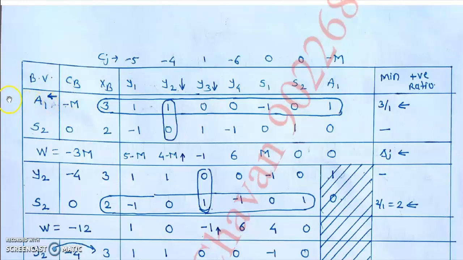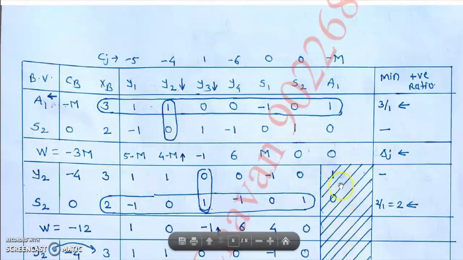So a1 is the outgoing variable and y2 is the incoming variable. In the next calculation table we have replaced a1 by y2, with the coefficient of y2 from the objective function, that is minus 4 here, so y2 and s2. Since a1 has left the calculation, we have no calculation under the a1 column, so we block that column.